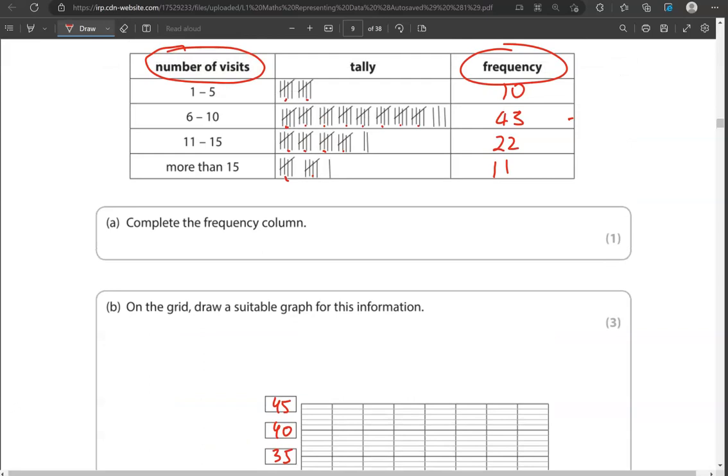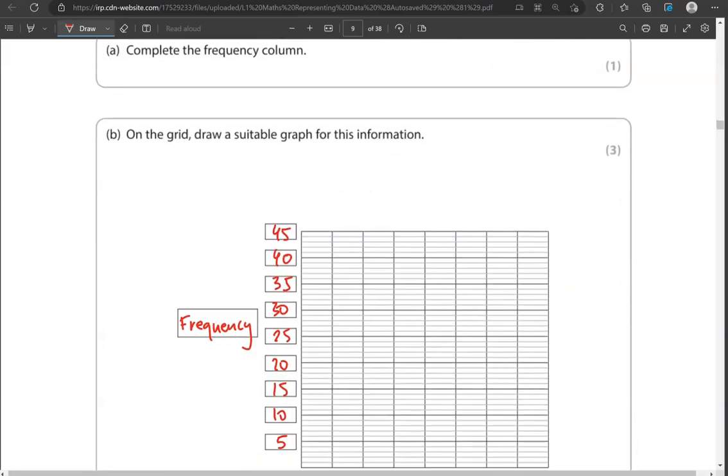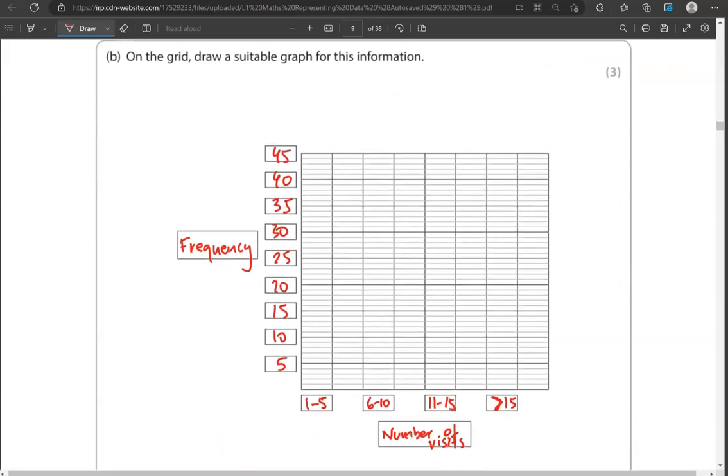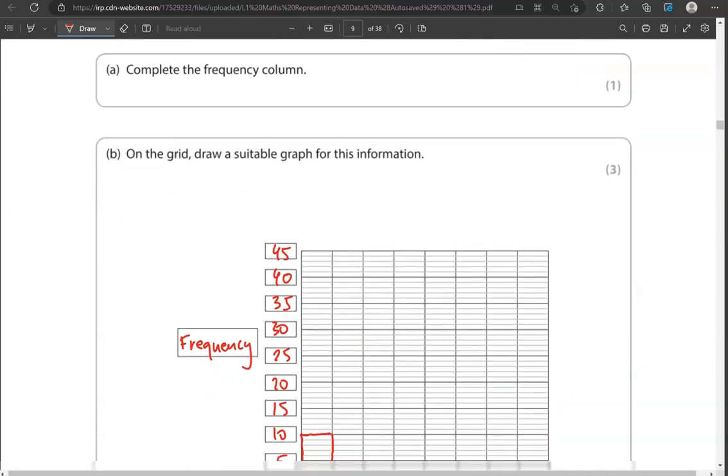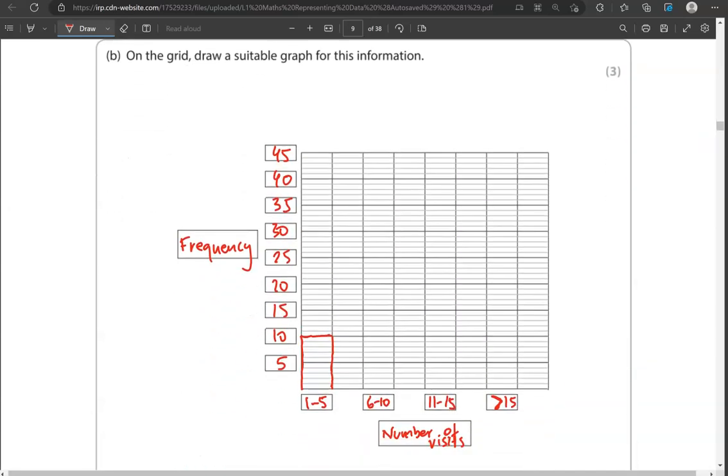So we've got 10 for 1 to 5, for 6 to 10 we have 43, the frequency, so I'm going to go up to 43.